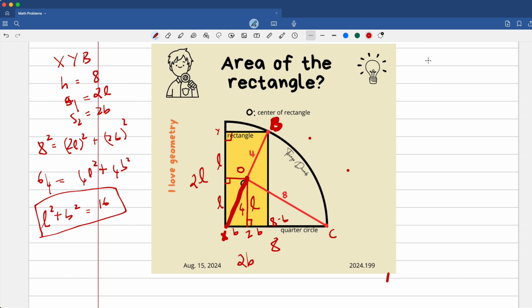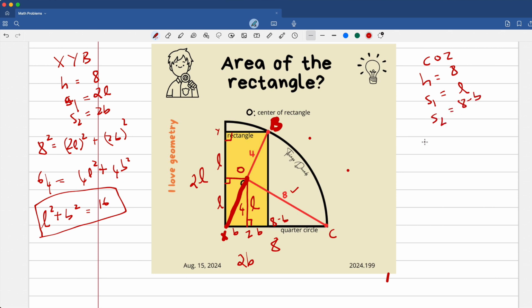So I want you to focus on the triangle COZ. It's a right angle triangle again, the hypotenuse of which is 8, that's given here. The side 1 here is L, and that's the reason we consider it to be 2L, otherwise we'd be dealing with L by 2. And side 2 is 8 minus b.